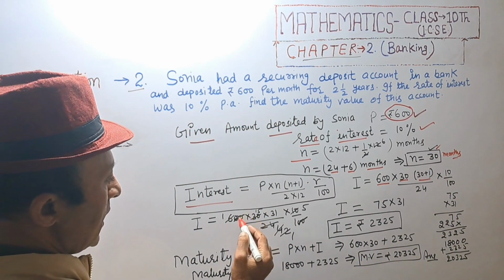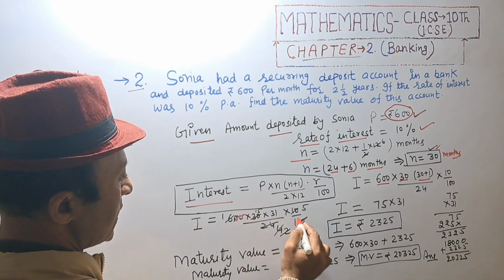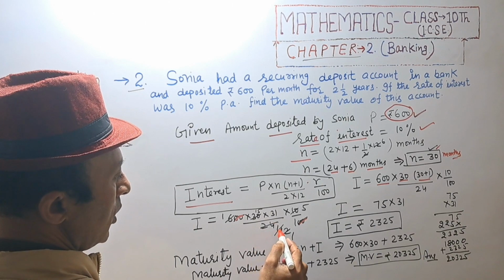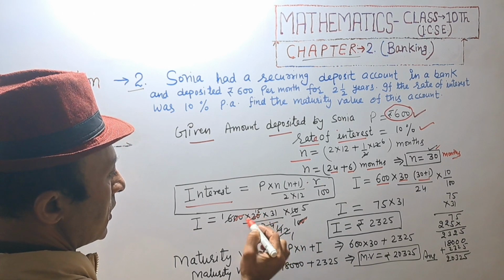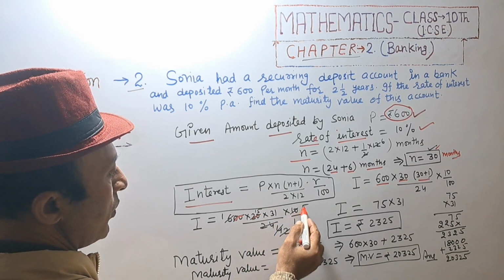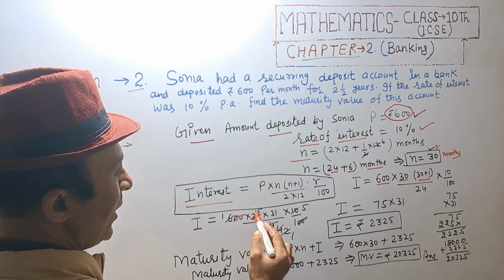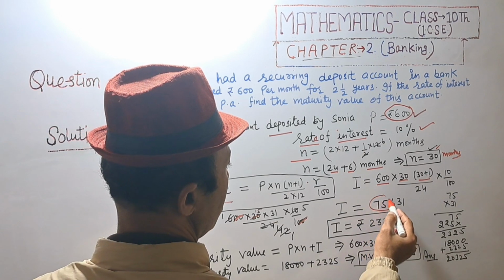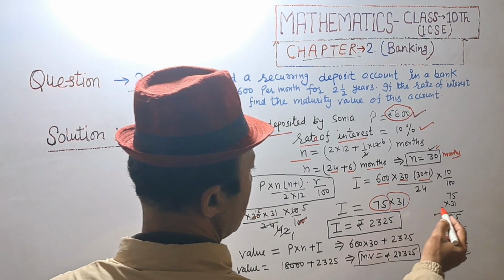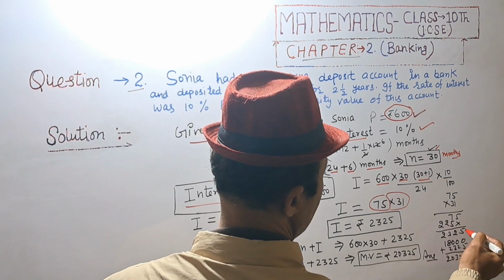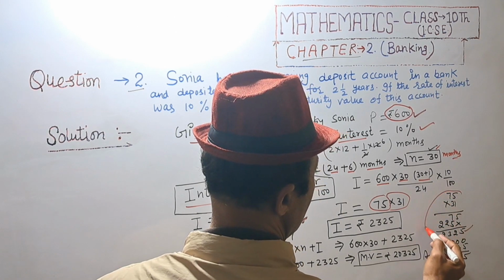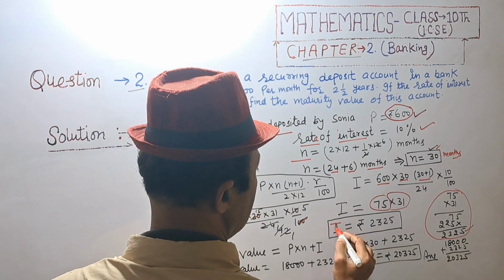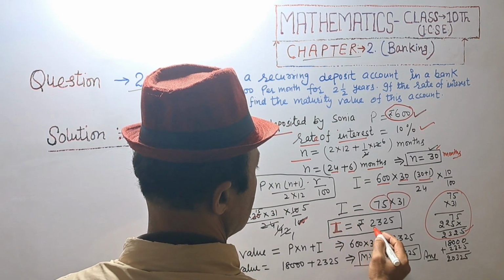So 2 0 is cancelled, 0 0 is cancelled, and 6 fours are 24, 2 twos are 4, 15 twos are 30, 2 ones are 2, 5 twos are 10. We are multiplying 15 into 5, that is 75. 75 multiplied by 31 is equal to 2325 rupees. Its interest.